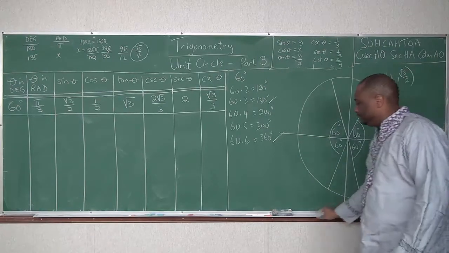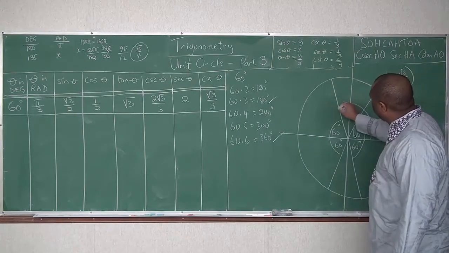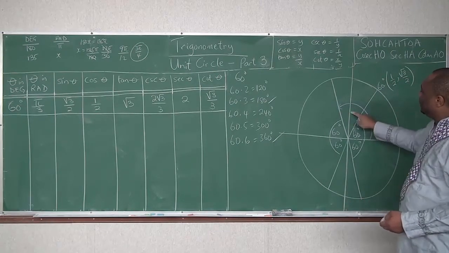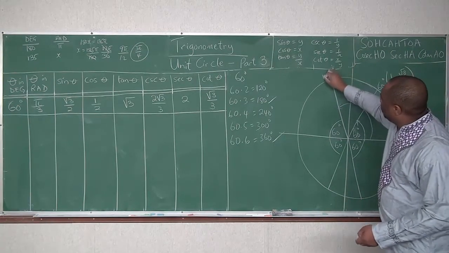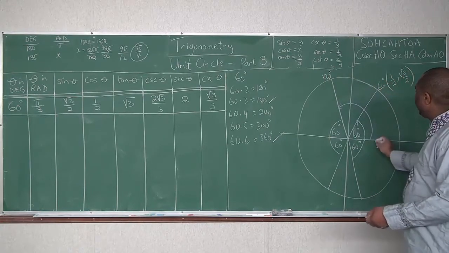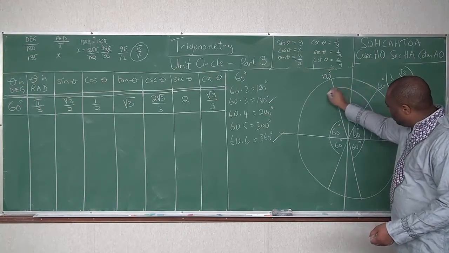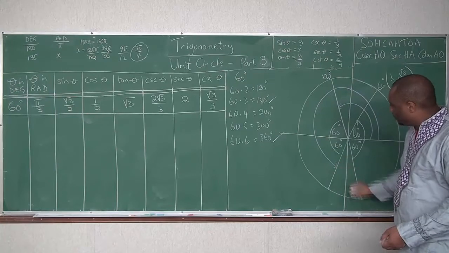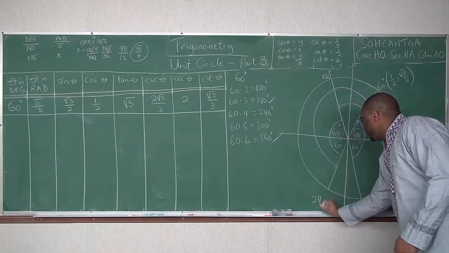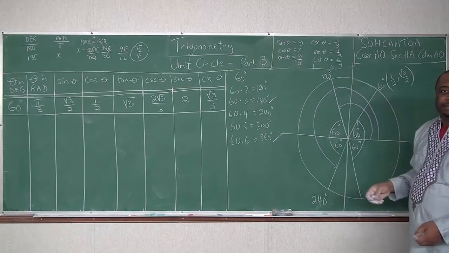Then we have, let's use this one, from here to here. This is 90 plus 30. So this is 120 degrees. Then we have from the initial side all the way here. So this is 180 plus 60. This is 240 degrees. Those are the reference angles of 60.